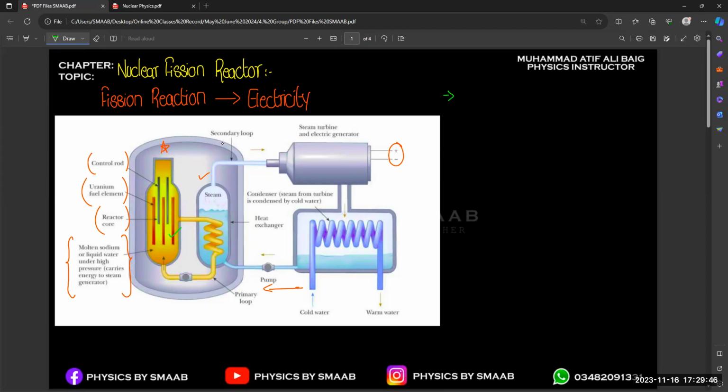So the very first step is: uranium rods are struck by neutrons to initiate the fission reaction.